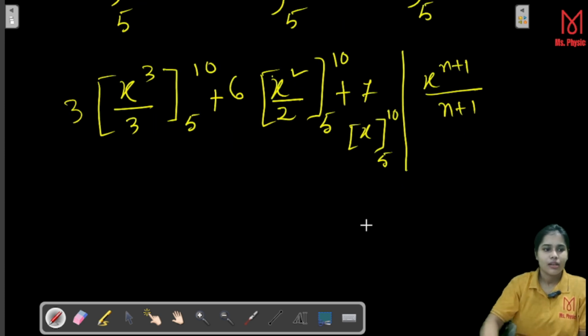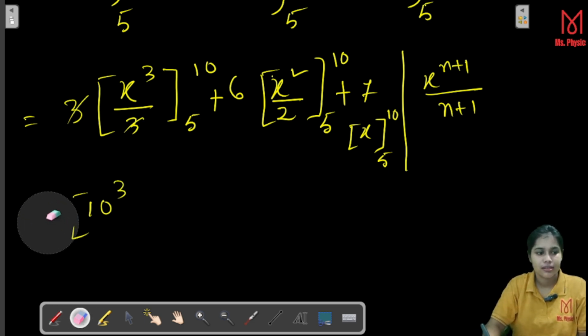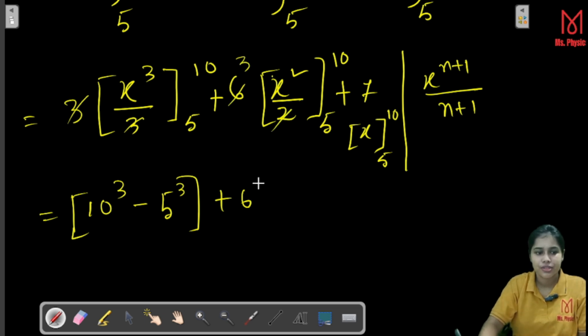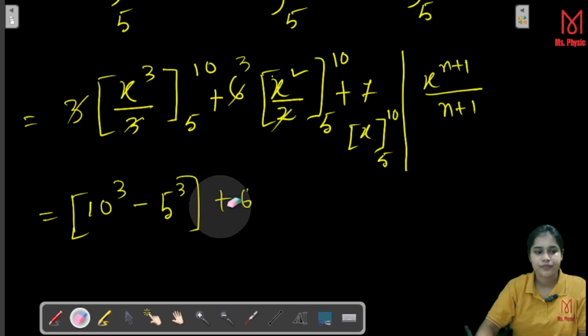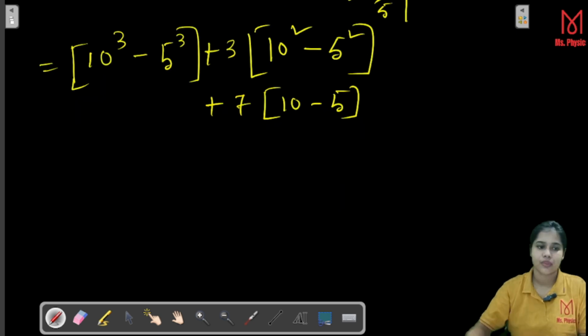Now you just put in the limit values: 3 times (10³ − 5³)/3, the 3 cancels, plus 6 times (10² − 5²)/2, plus 7 times (10 − 5).